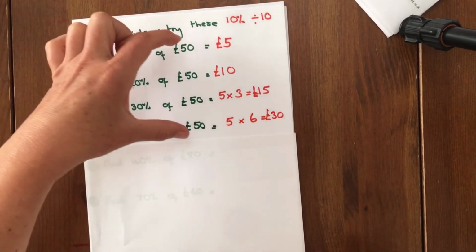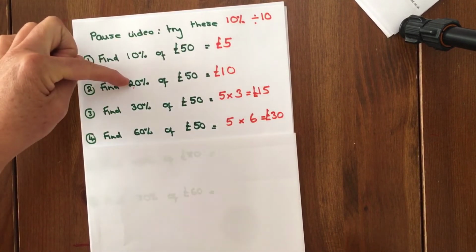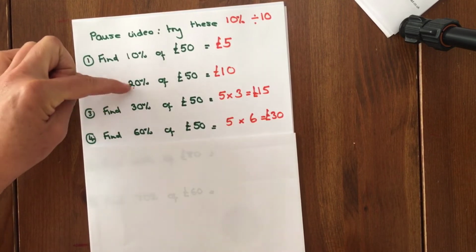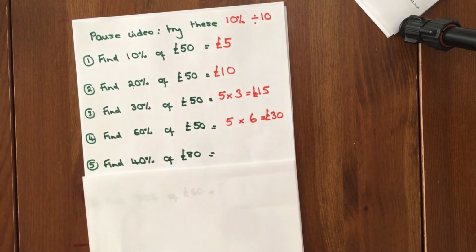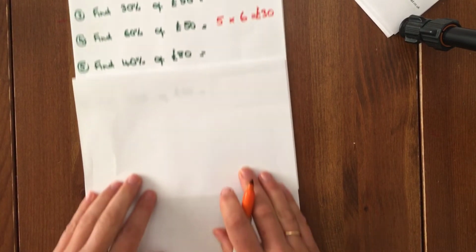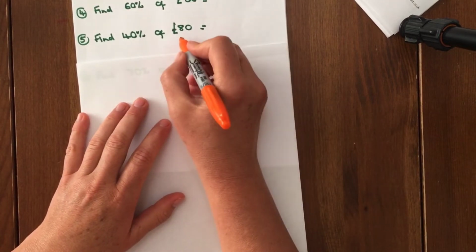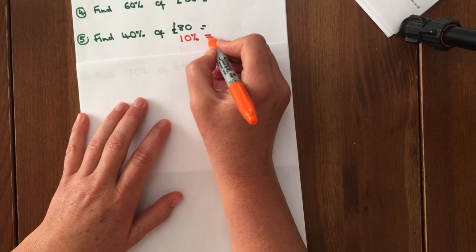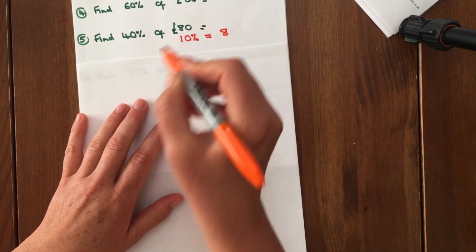Okay, so that was all to do with £50. So I got my 10%, and I looked at how many 10% went into each of these. I times by 2, times by 3, times by 6. Okay, if we go to question 5 now, to find 40%, well, I've got to find 10% first. I haven't found 10% yet. So 10% of 80 is 8, divide by 10.